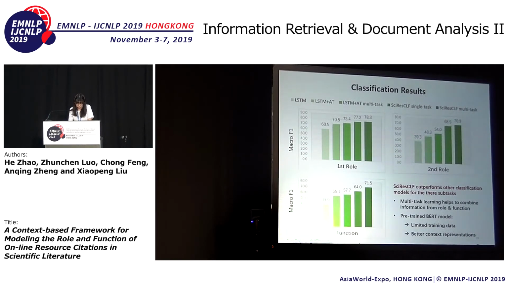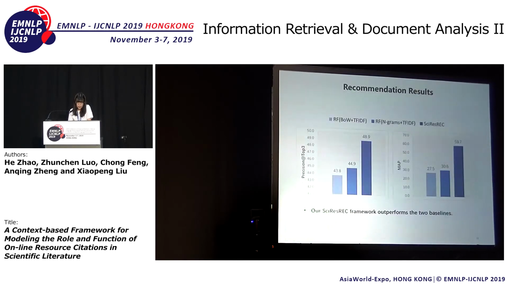We can find that our classifier outperforms other classifiers for the three subtasks, and the multi-task learning really helps to combine information from role and function, and by the help of the pre-trained model, it can overcome the limited training data problem and learn better context representations.